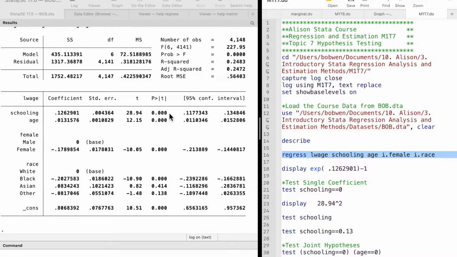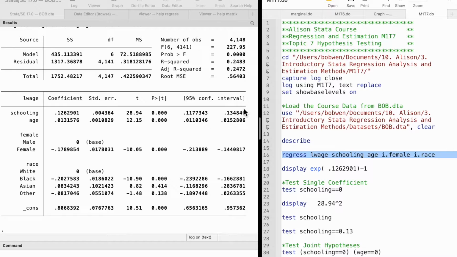The schooling parameter is statistically significantly different from zero at the 0.1% level against a two-sided alternative because of a large t-statistic and a p-value of 0 to 4 decimal places.